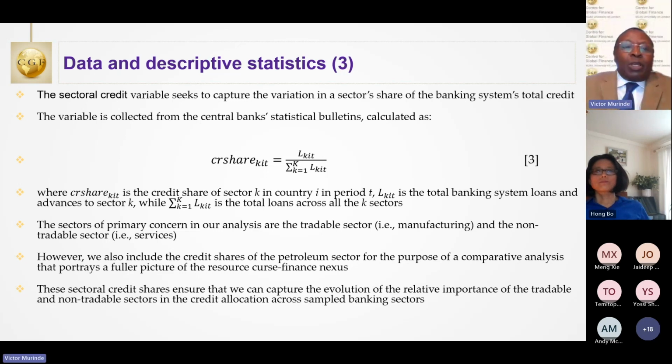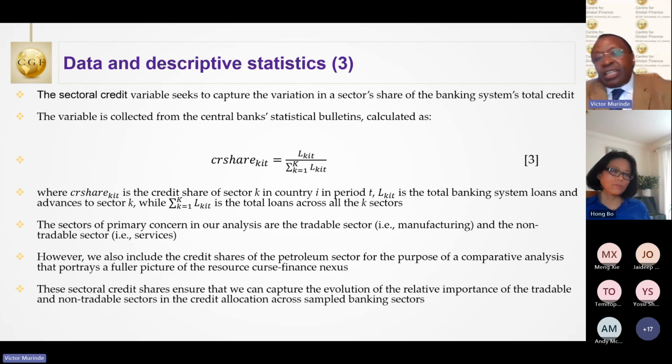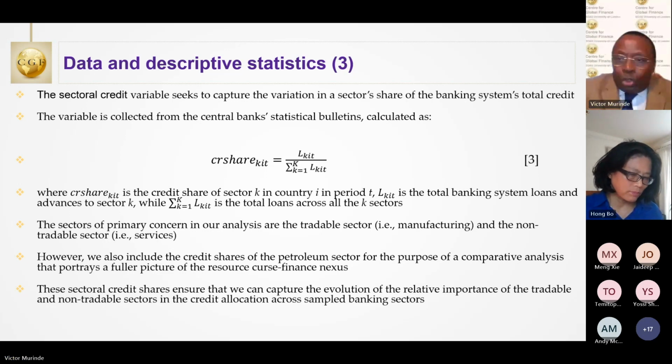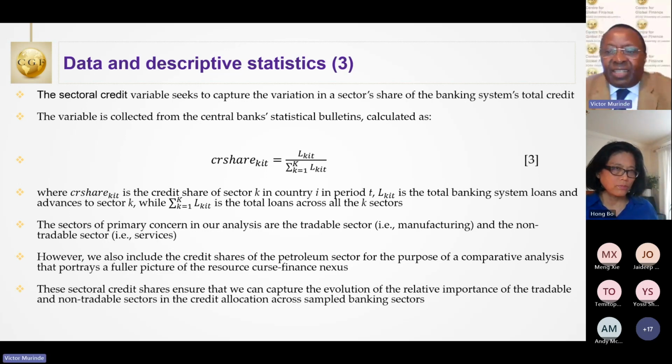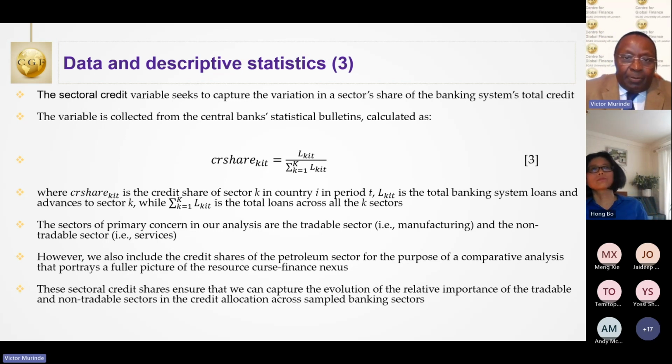And so now, what is it we're trying to capture in the sectoral bank credit variable? We are trying to capture the variations in a sector's share of the banking credit compared to total credit. We construct this variable from a central bank statistical operator I mentioned.